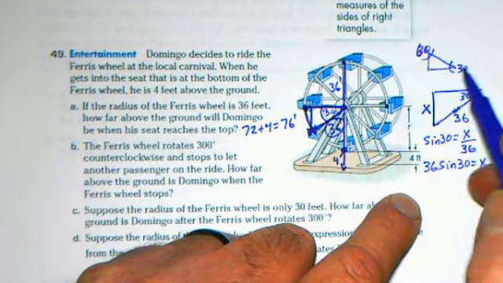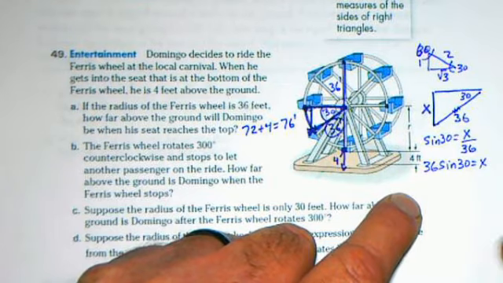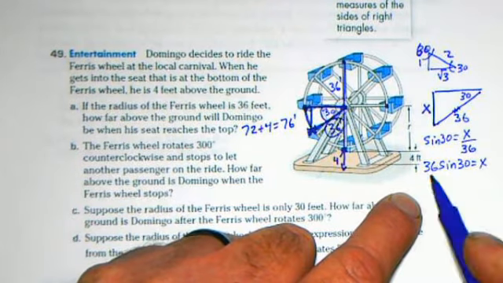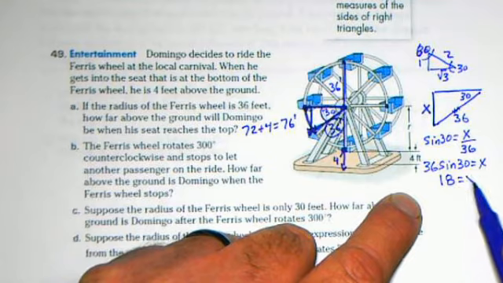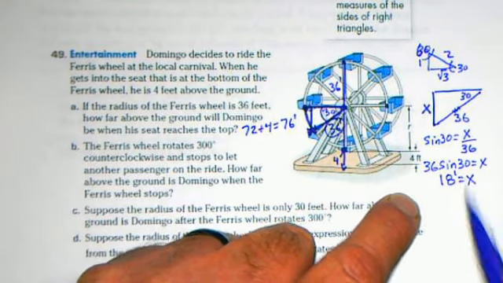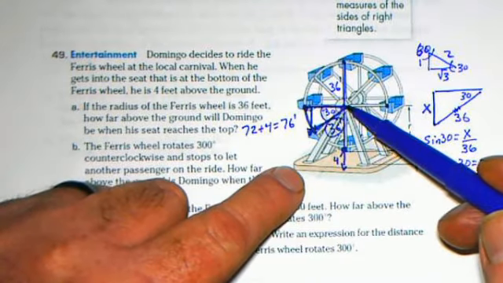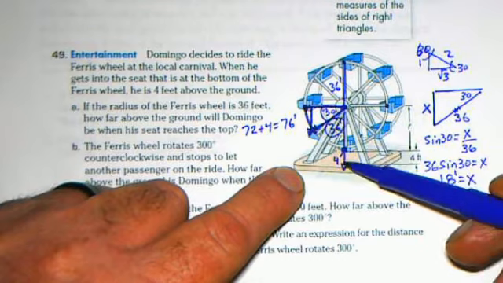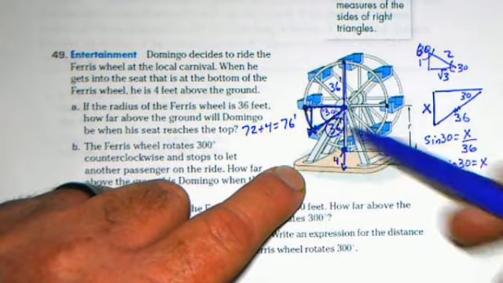And we have 1, radical 3, 2. So the sine of 30 is 1/2. Half of 36 is 18. So x is 18 feet. That means that from this center of the wheel, which starts out being 40 feet up, Domingo's seat is 18 feet below that.